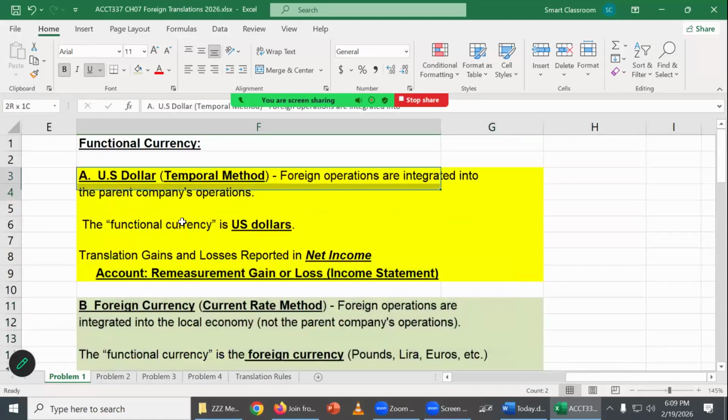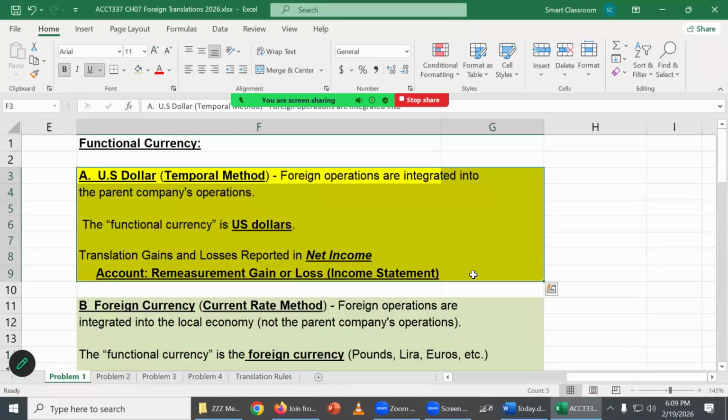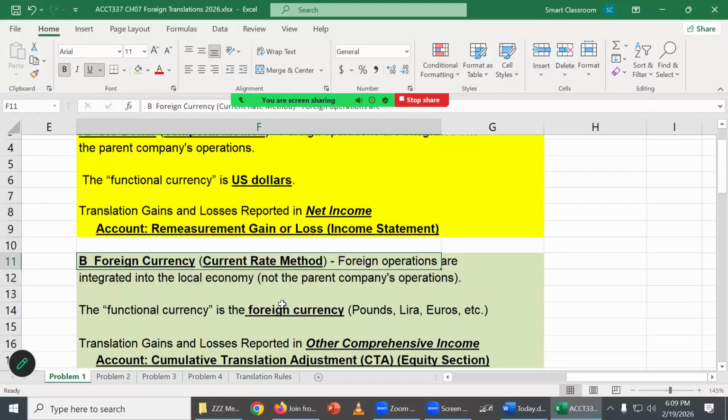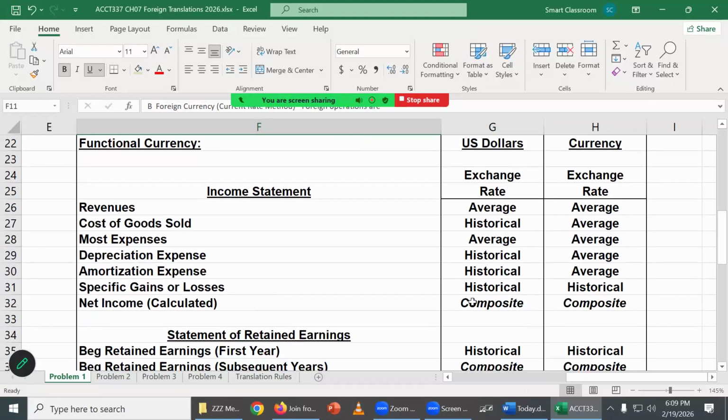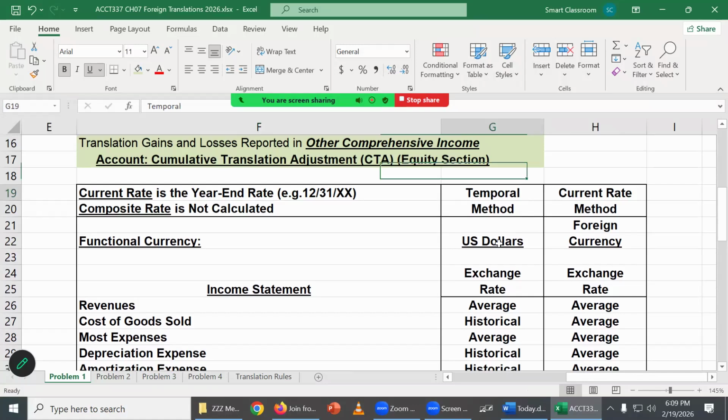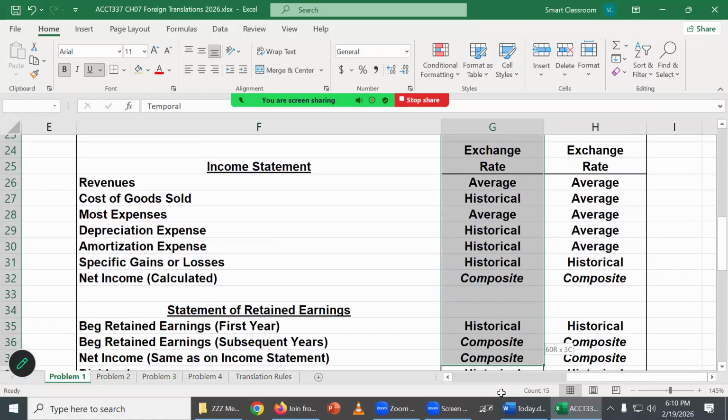Because the temporal method assumes everything immediately gets transferred into US dollars, a lot of it is historical cost, and once that gets translated, it's left there. Whereas this one's a little more free floating. Okay, now so here are the two different methods.